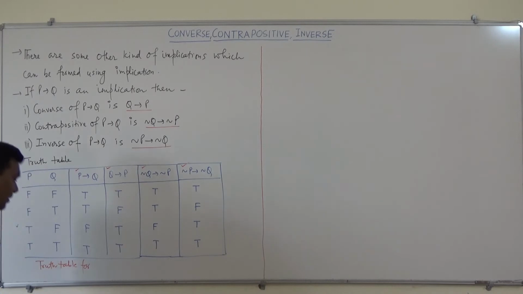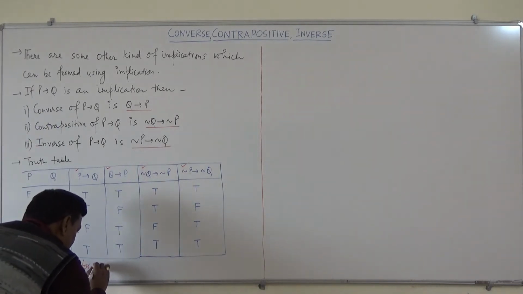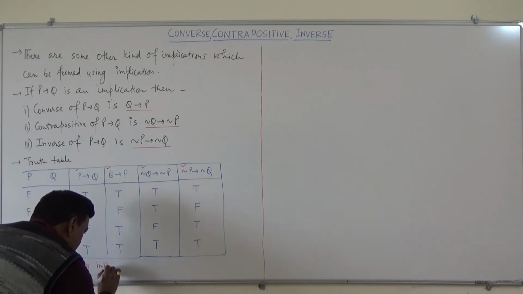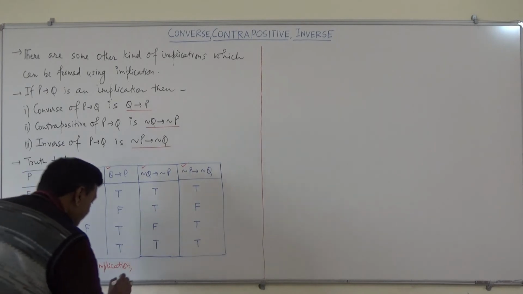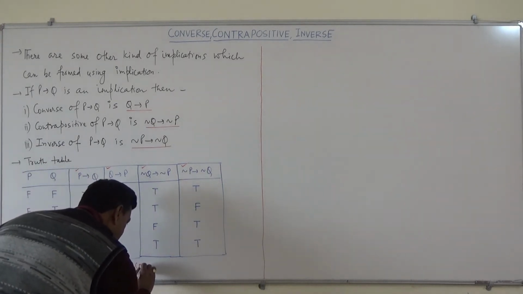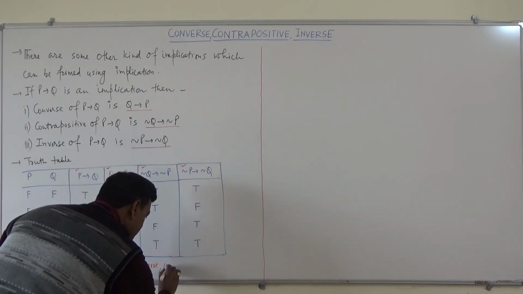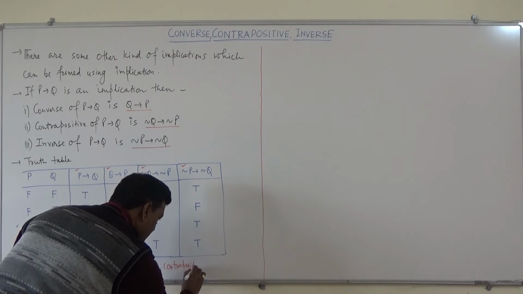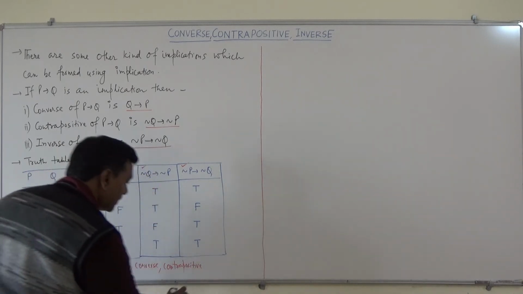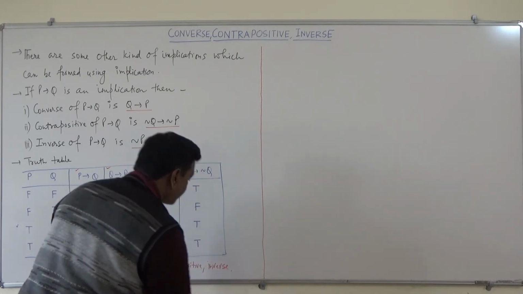So this is the truth table for implication, converse, contrapositive, and inverse.